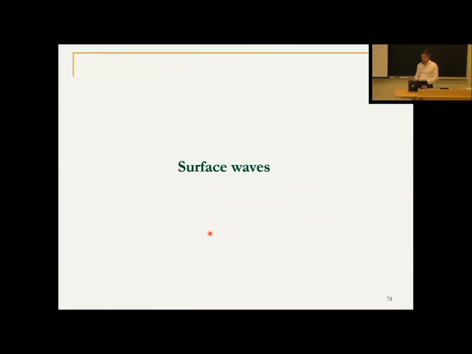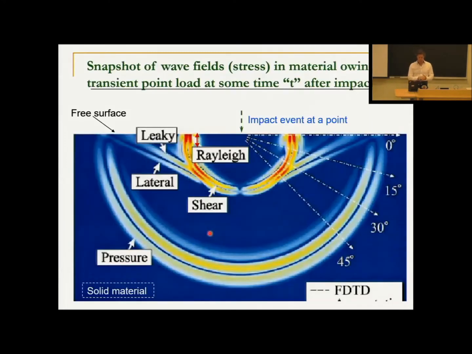But we have another wave mode that we should consider, and those are surface waves. These are waves that travel, as the name suggests, only along the surface of a solid and air, let's say, or a solid and vacuum. So it's an interface wave, but that interface is between a solid and a free surface, air, right?